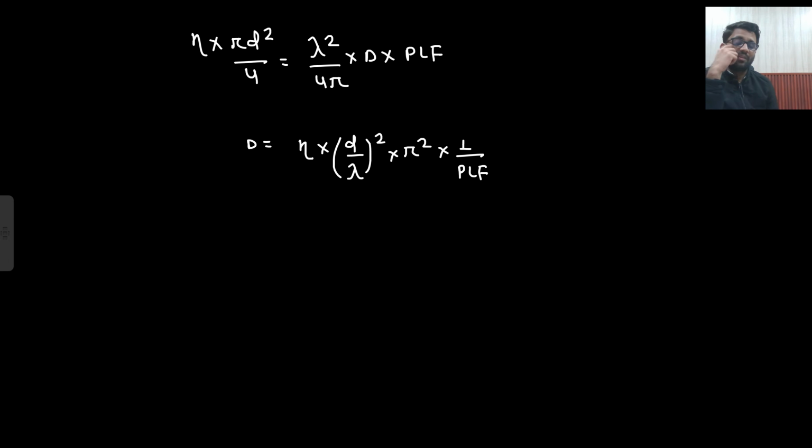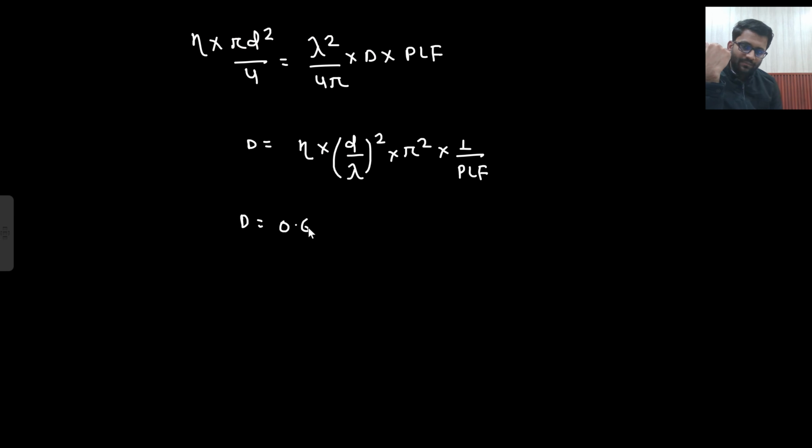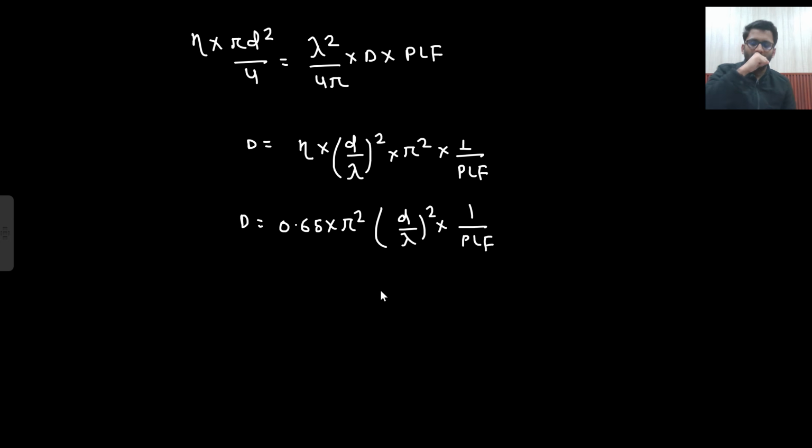So let's not keep it in a box. So what do I need to do? What is eta? 0.65 into pi square into d by lambda square into 1 by polarization loss factor. So if you calculate this, you are getting 6.41.